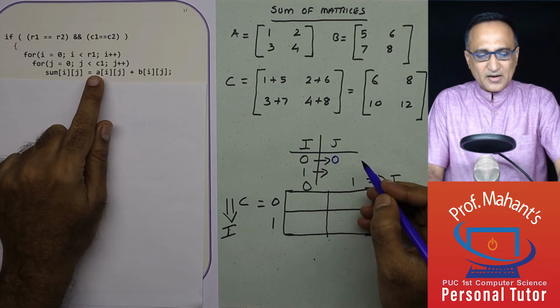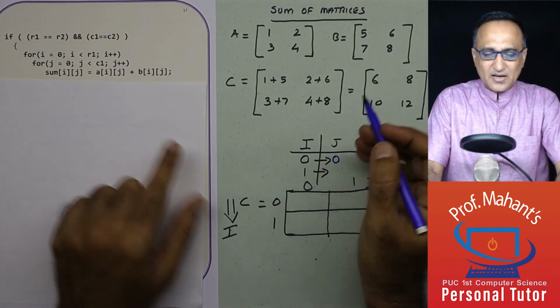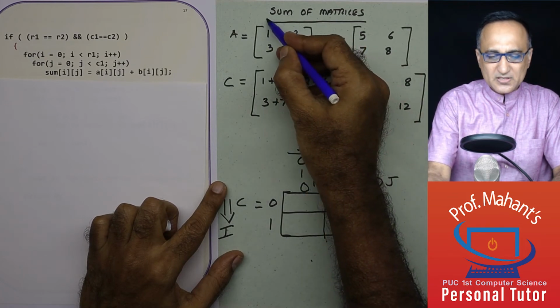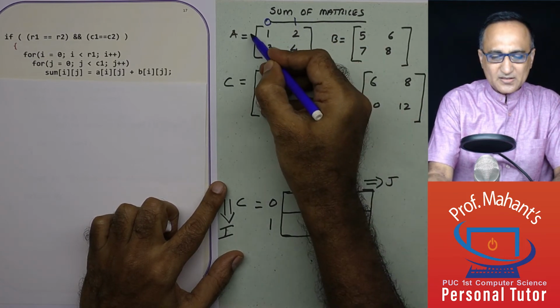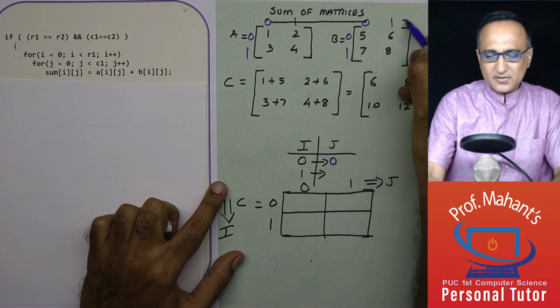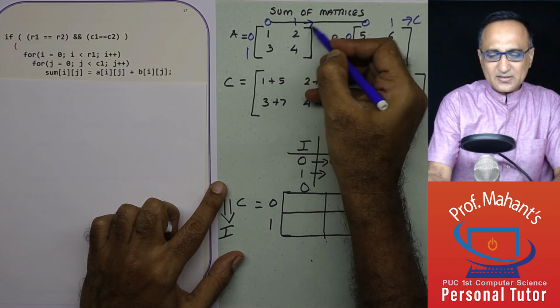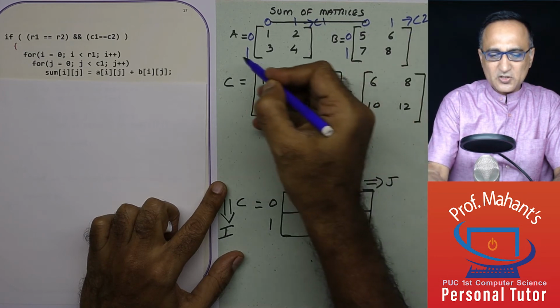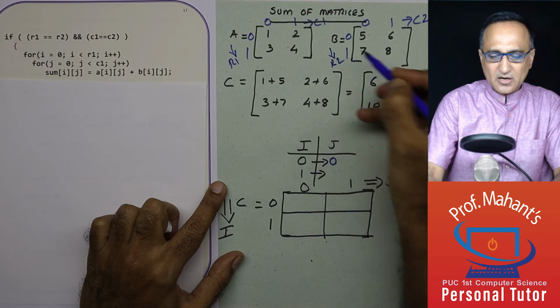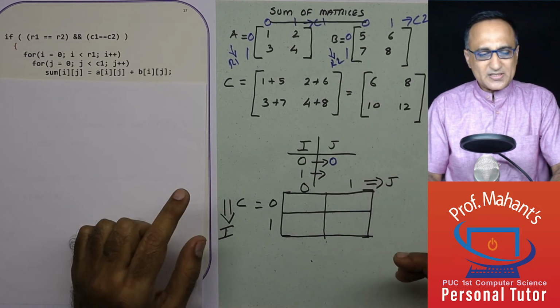So I am adding A of ij, which is 0, 0. Let me put the indices: this is 0, 1, and this is 0, 1. These represent columns, C1 and C2, and these represent rows, R1 and R2.